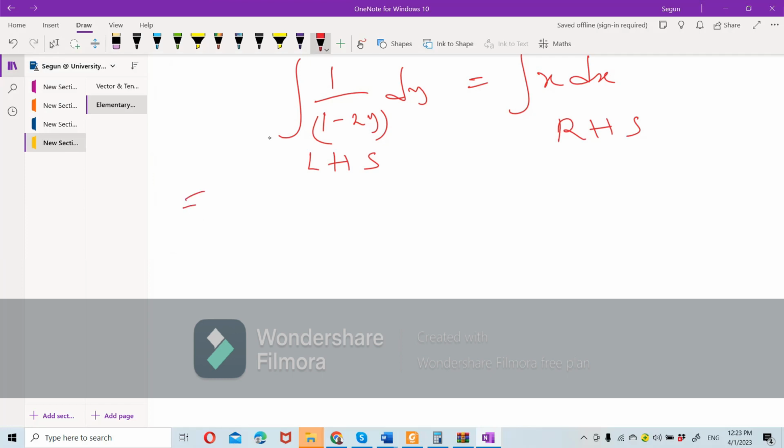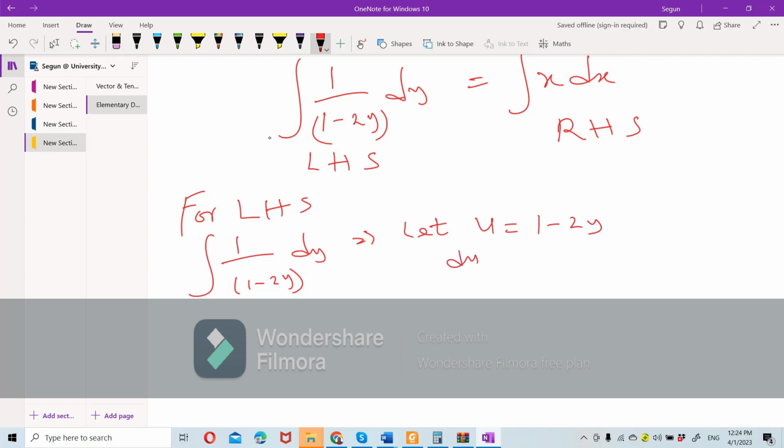For the left hand side, let u equal 1 minus 2y. du/dy is equal to -2, then our du is equal to -2 dy.